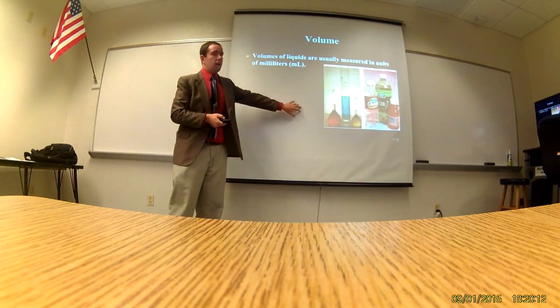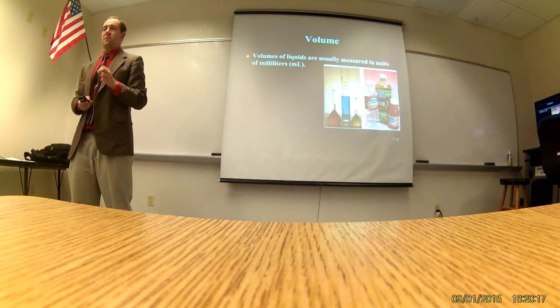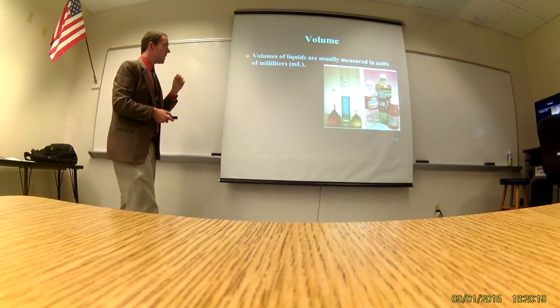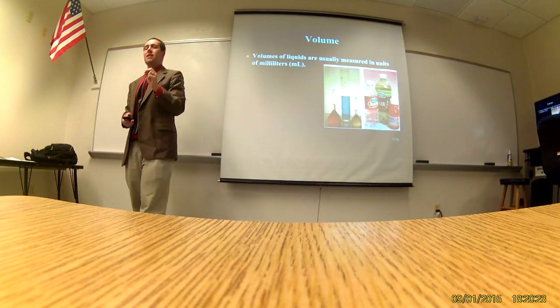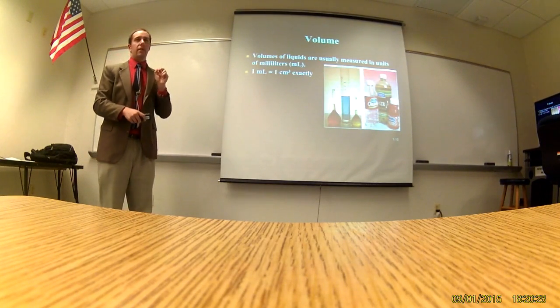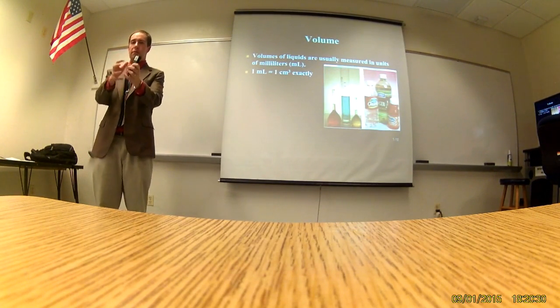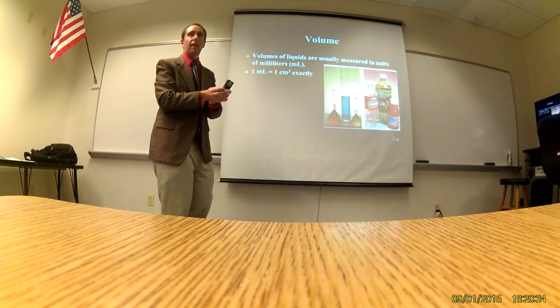When we're dealing with liquids, we normally don't use cubic centimeters. We use milliliters. But to make it easier, a milliliter is exactly the same as a cubic centimeter. In terms of the amount of space it takes up, it is the exact same thing.